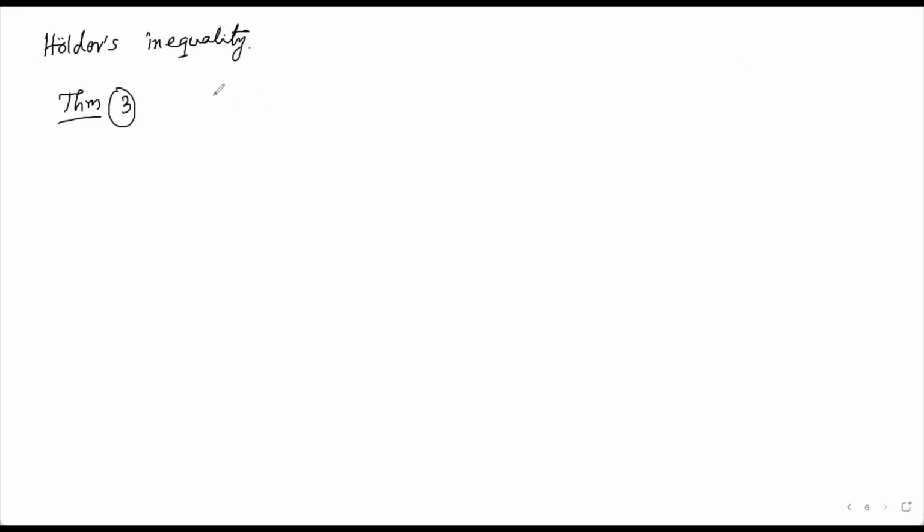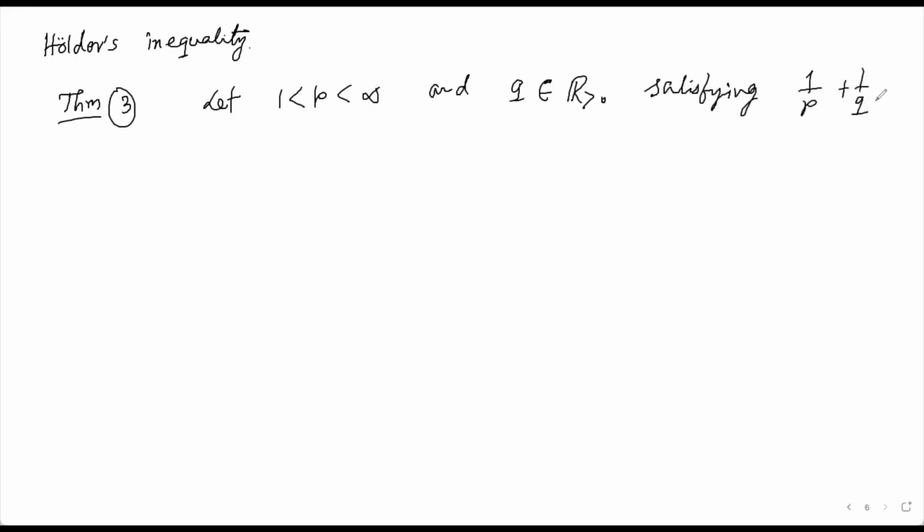Let P lie between 1 and infinity, and Q in R greater than 0, satisfying 1 over P plus 1 over Q equal to 1.